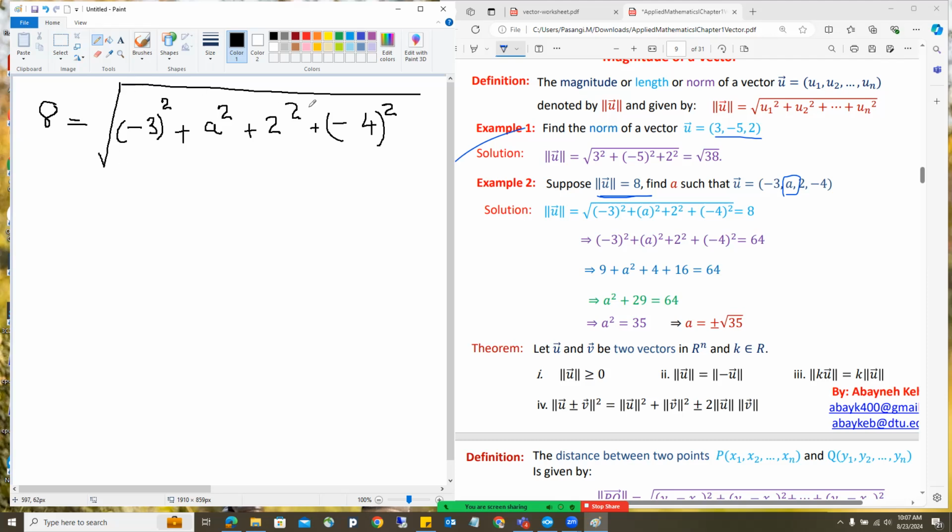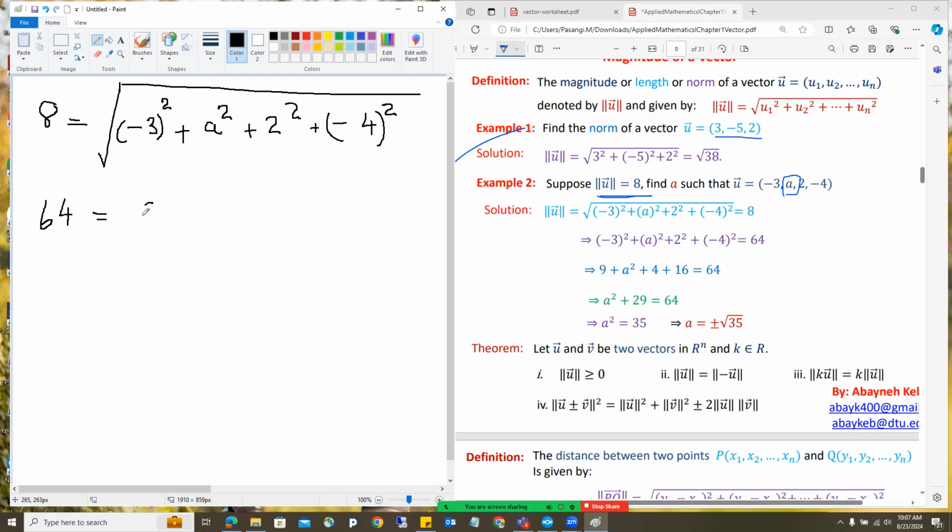To remove this square root, we just square both sides. On the left hand side, the square of 8 is 64.